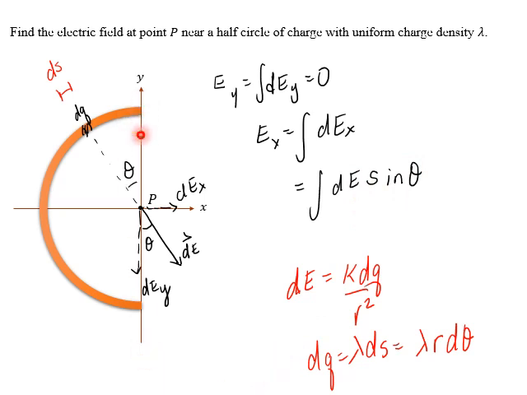Theta goes from one end of the rod, where theta equals 0, to the other end of the rod, where theta equals pi. When you do all that work, what you should get for your final answer is that the electric field vector is equal to 2 times k times lambda divided by r in the plus x direction.